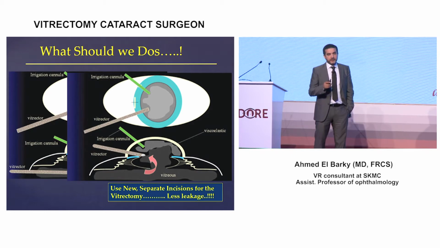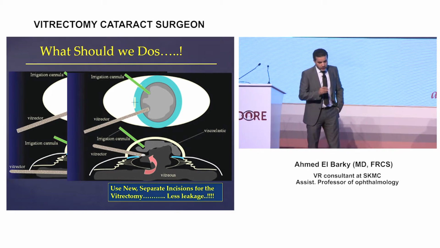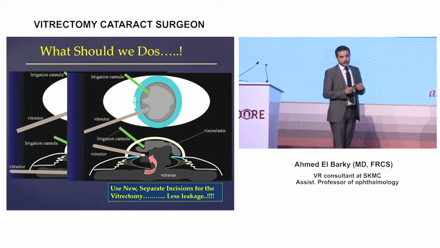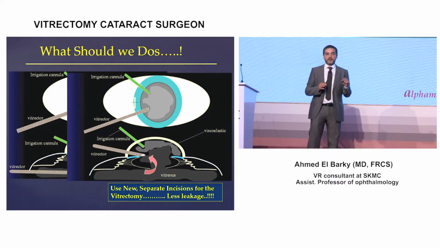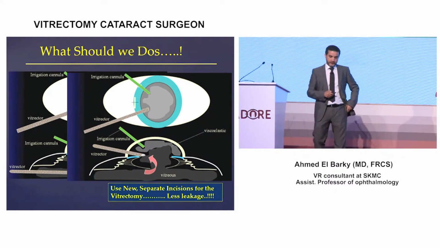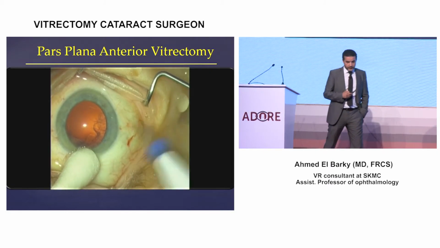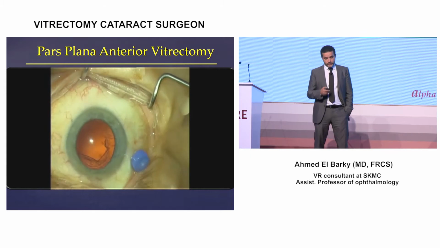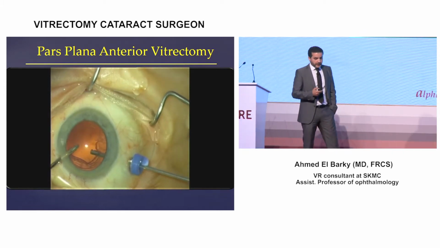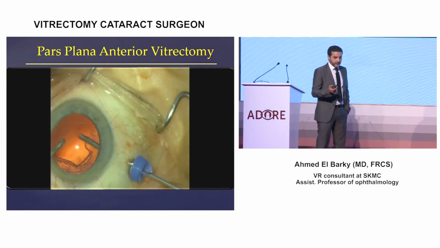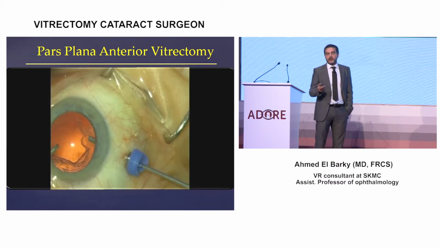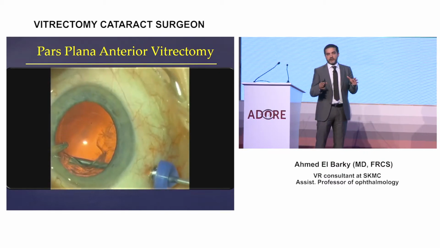And a very important tip here: use a separate incision for the vitrectomy. Do not use the vitrectomy probe through the main incision because it will increase the leakage. Just a small video to show you how to do that. It's not my own video. I just brought it to show how it goes on. Just go with the trocar and 3.5 millimeter, and most machines now have in the anterior vitrectomy bag a trocar there.